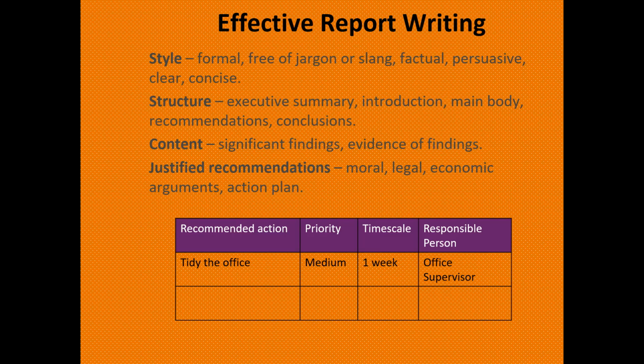It must be clear and specific. The structure: first we write an executive summary, meaning the purpose of this inspection. Here we can mention the names of the participants, the date of the inspection, and the area of the inspection. That is the structure. Then the content: significant findings.